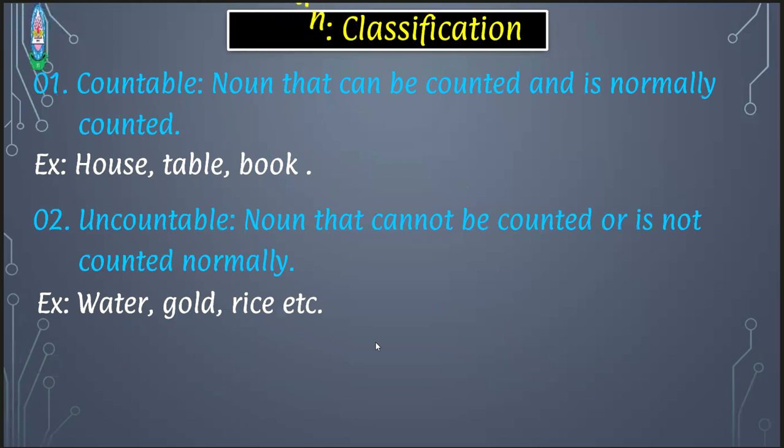Type 1, visible. I mean the nouns that can be seen. And another type is invisible. I mean the nouns that cannot be seen.